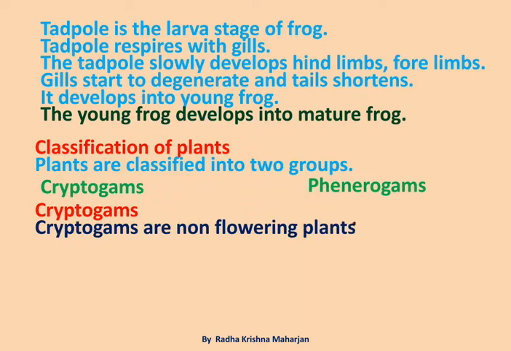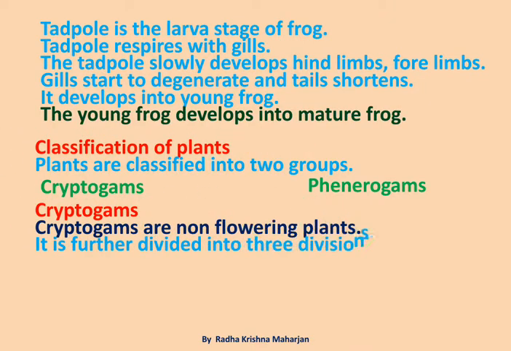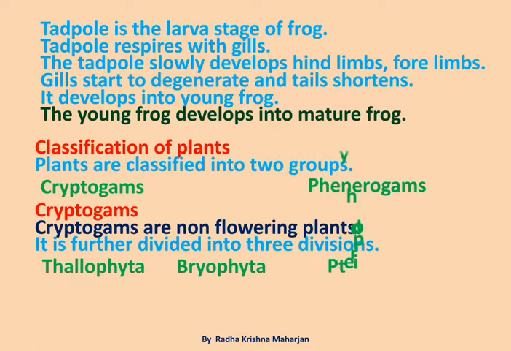Cryptogames are non-flowering plants. It is further divided into three divisions: Thallophyta, Bryophyta, Pteridophyta.